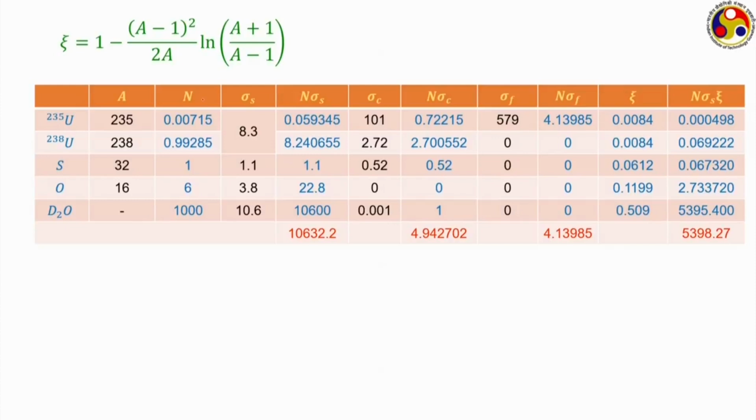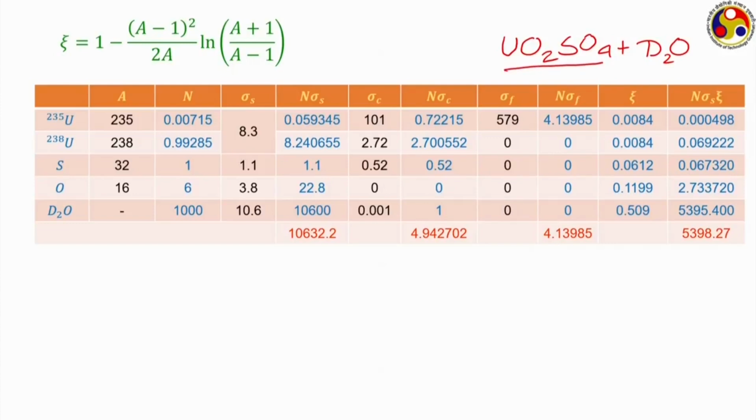First is N. N refers to the number of isotopes for that particular element or compound present for every molecule of the fuel. We know our fuel is UO2SO4, and we have D2O. So, for every molecule of UO2SO4, how many atoms of sulfur do we have?